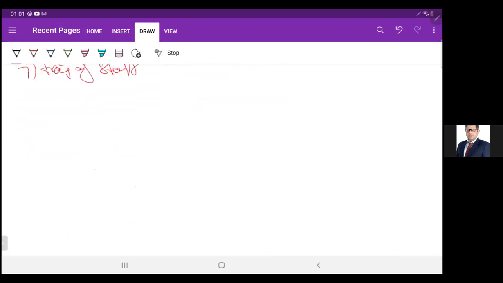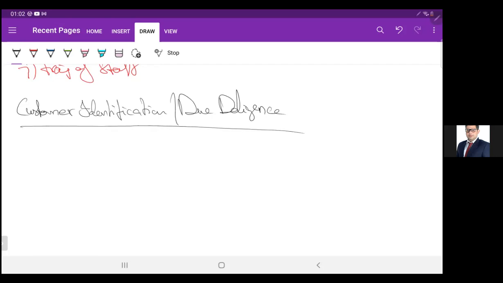Now, next, customer identification process. What we just looked at in brief earlier, customer identification process. Now let us look at it in detail. It is also known as due diligence, right? Although we will be discussing it in a little detail here as well.